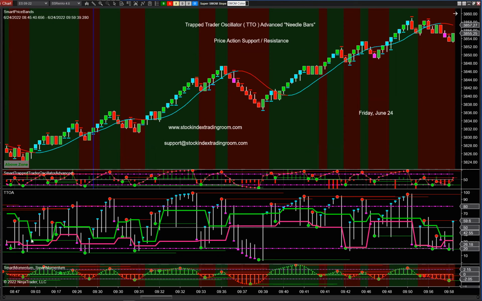So what I'll point out is this: when our green line, which is always above the pink line, is below our midpoint line, this white line going through the middle of the panel, we tend to rotate up. When the green line is below it and we enter or fire through or get below and fire through, we tend to go up substantially.